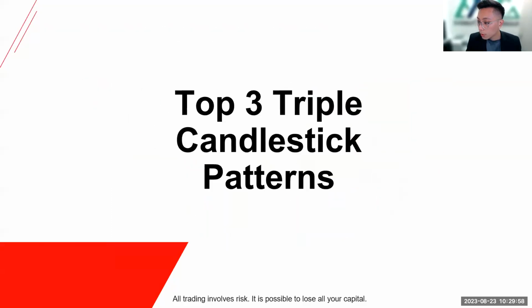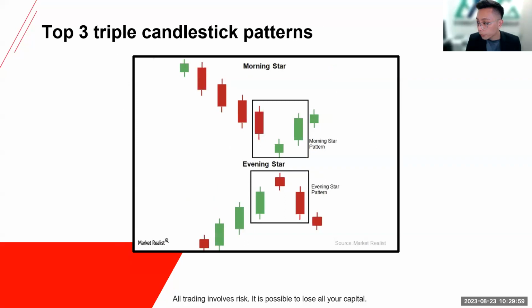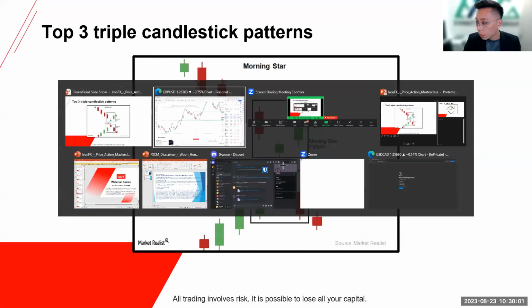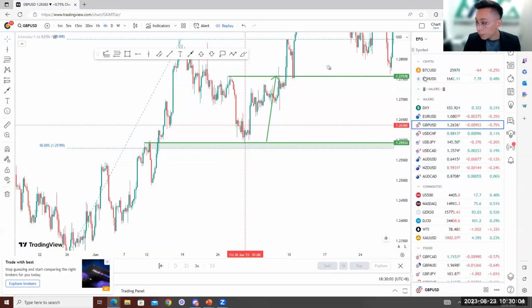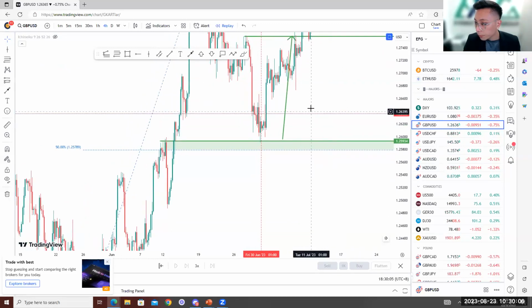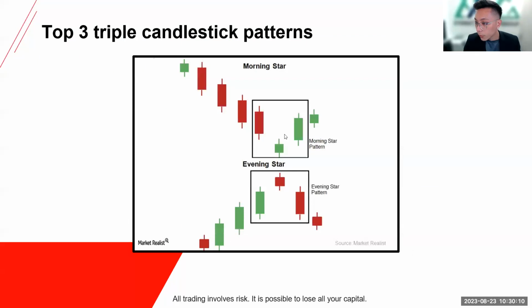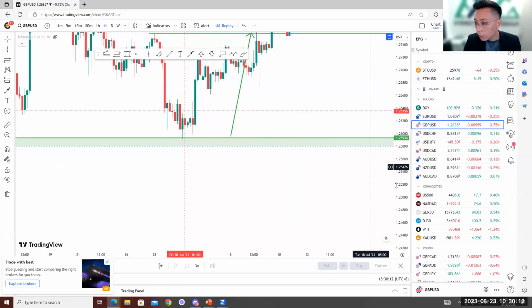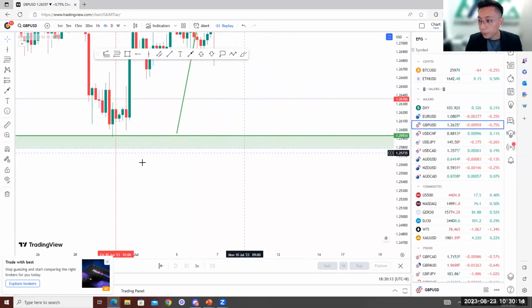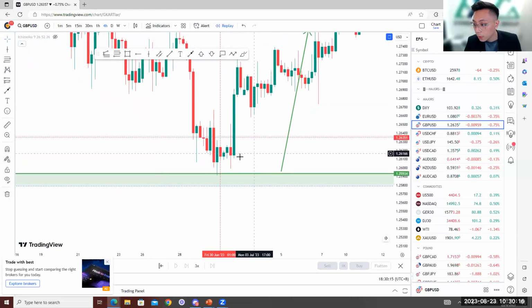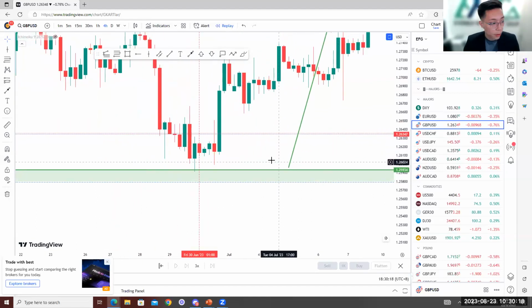I think this is a morning star. Okay, so we can see right here. If I zoom in, can you guys see?